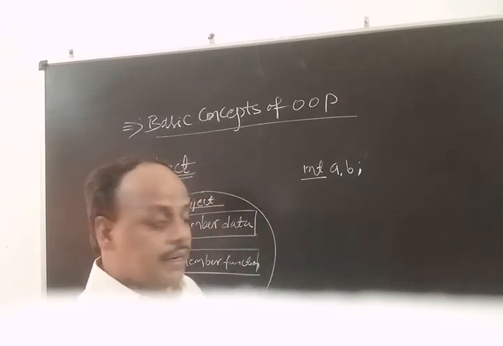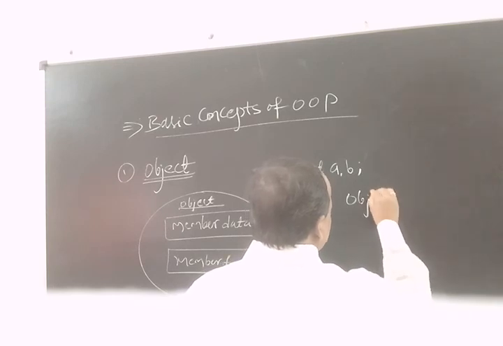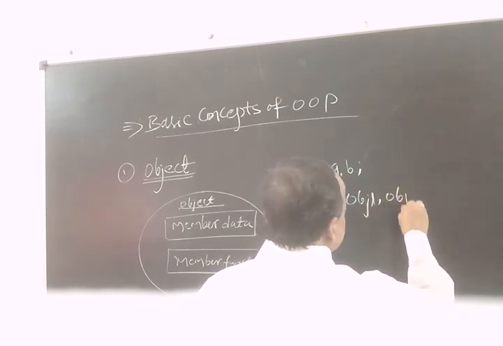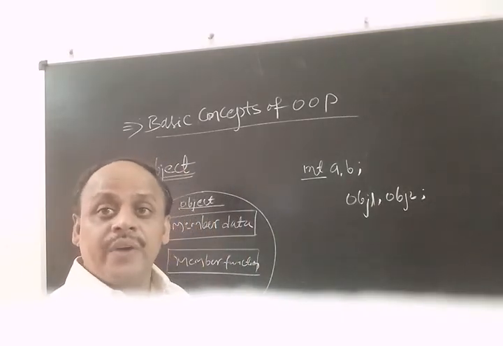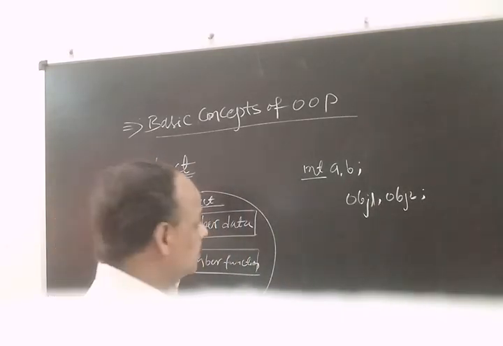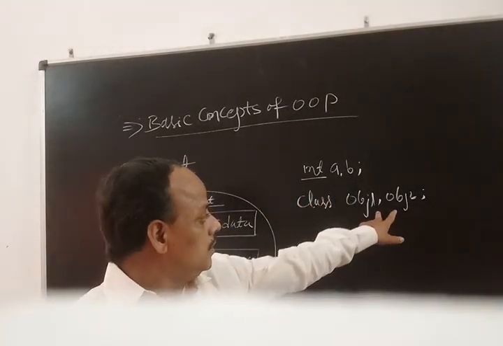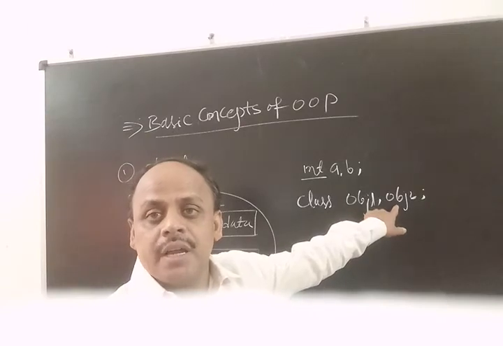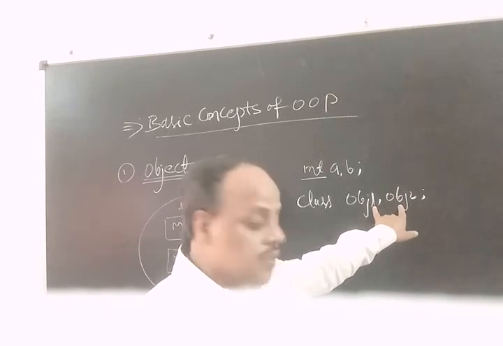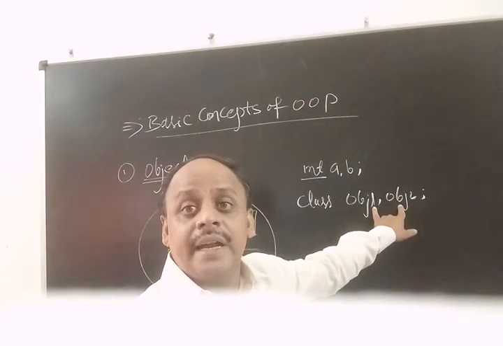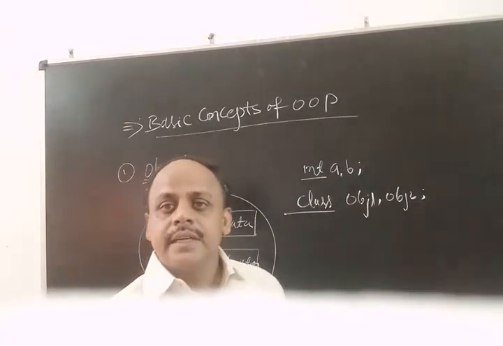In the same manner, obj1, obj2 are said to be variables of a class, which means obj1 and obj2 are said to be objects, so they must have a data type called class, right?